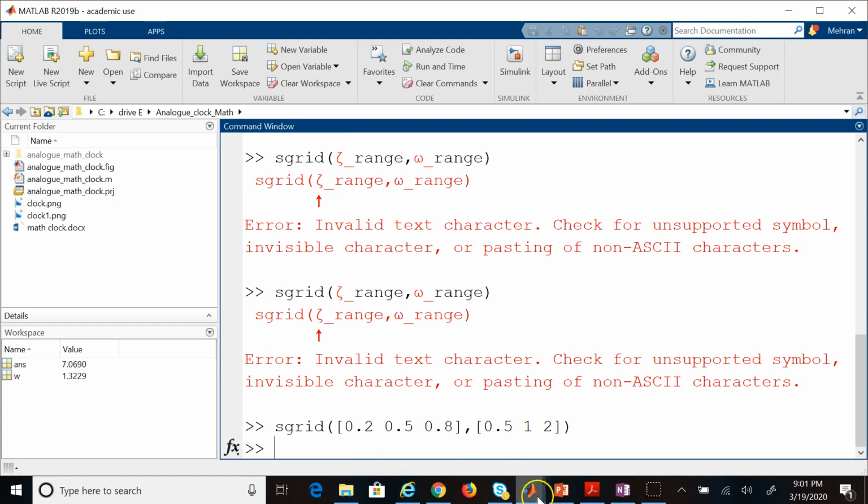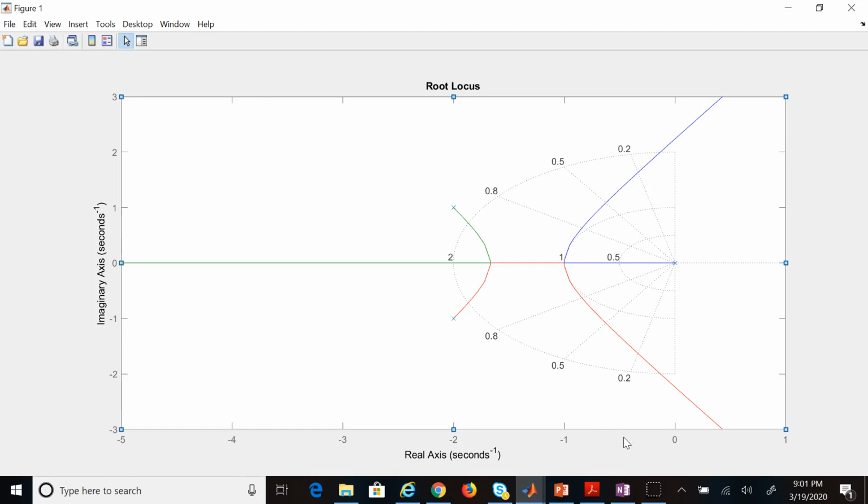Let's see. So if we do that, now that's what we have, right? You see the circles, of course, because the aspect ratio is not correct, they look like ellipses, but they are not, they are circles. So these are the circles for the 3 omegas, and these are the 3 lines and their counterparts for constant zetas of 0.2, 0.5, and 0.8.